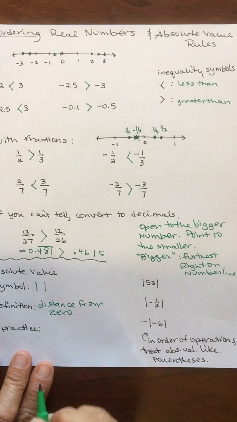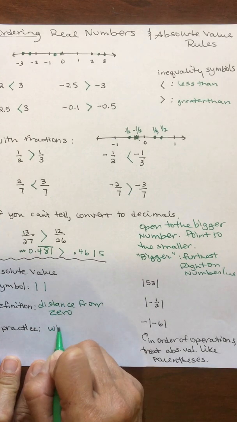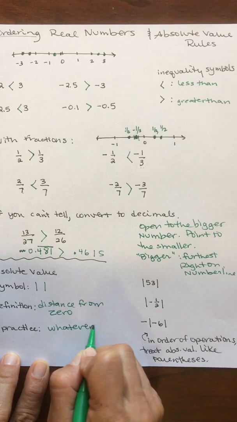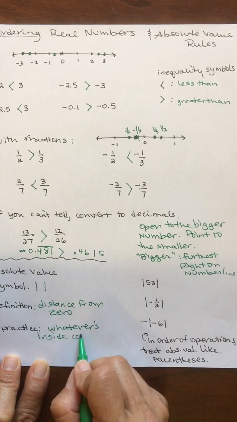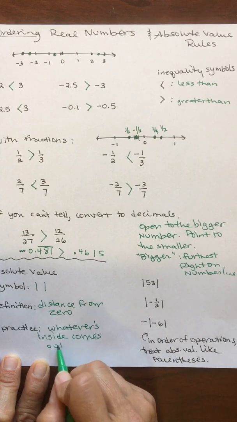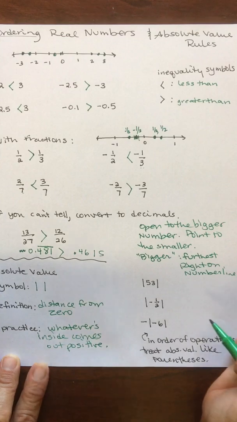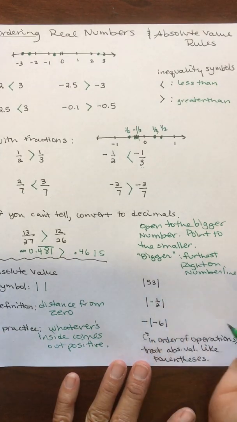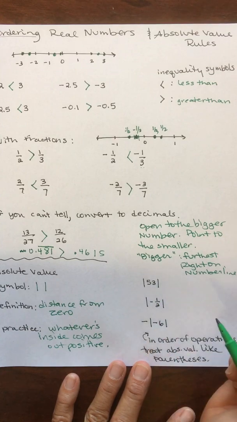Okay. In practice, what you might remember from some other time is, whatever's inside comes out positive. So this is what we say when we see the symbols: absolute value of 53.